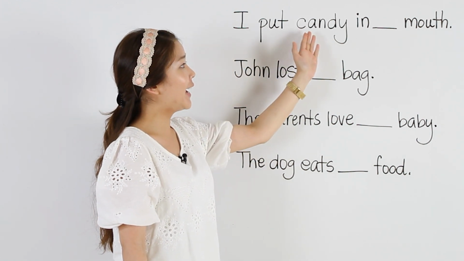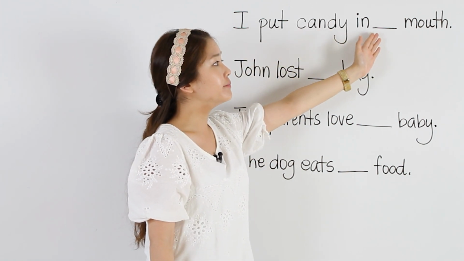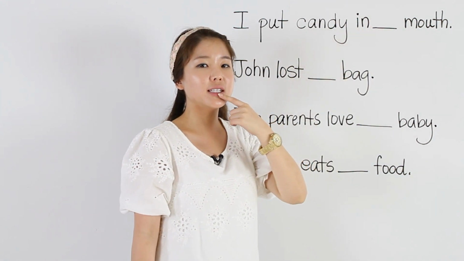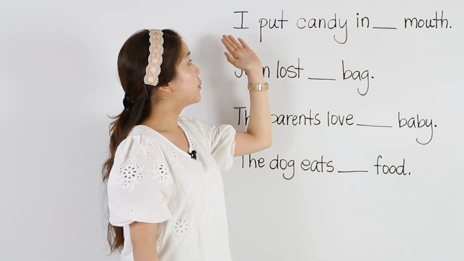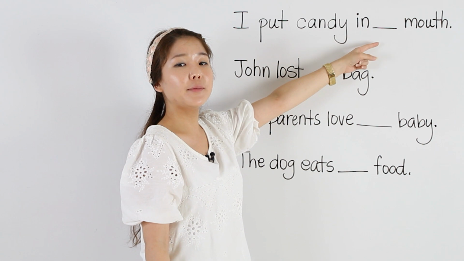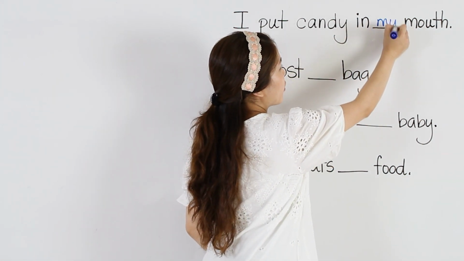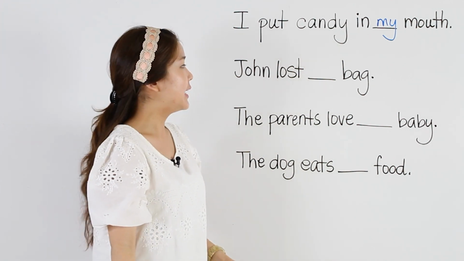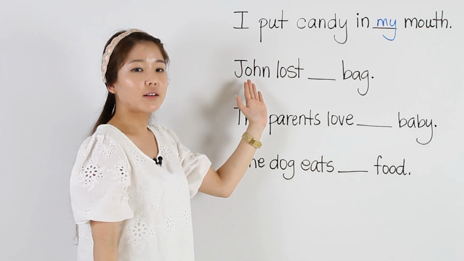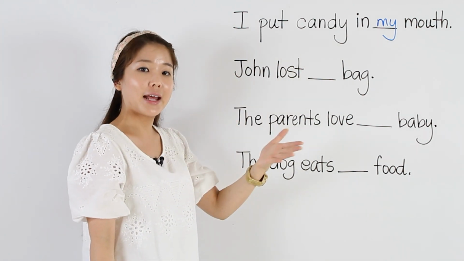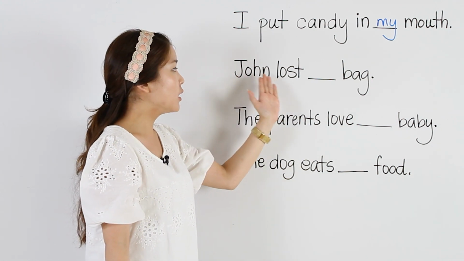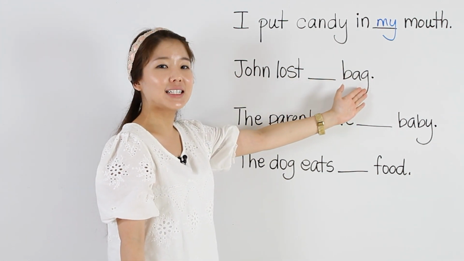I put candy in mouth. Okay, this is a mouth. I put candy in, what should we put? My mouth. Okay, next, John. John is one man or boy. John lost bag.